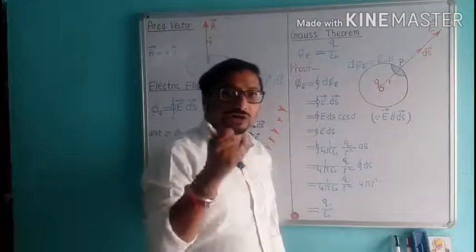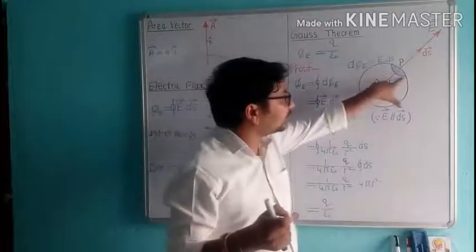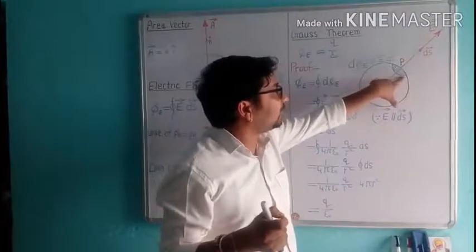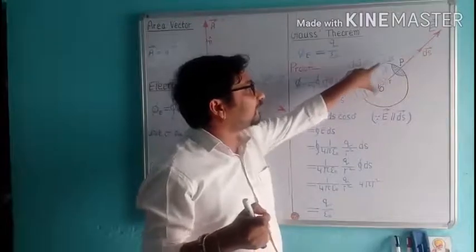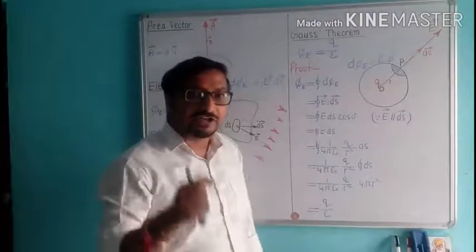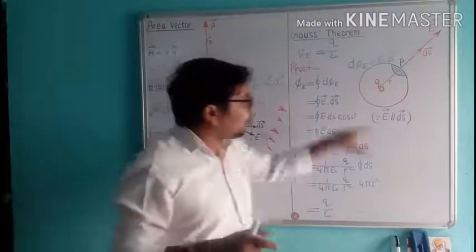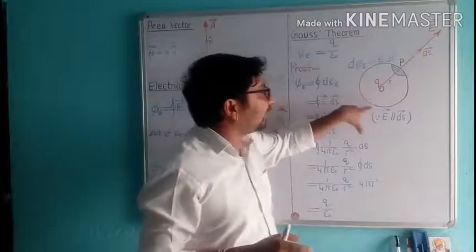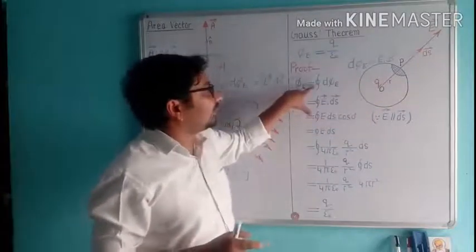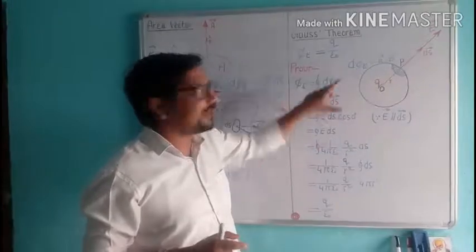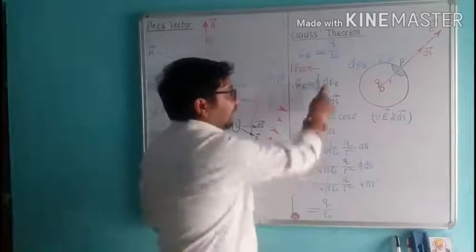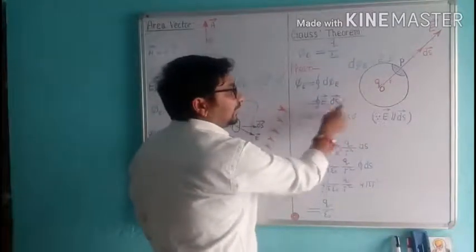The small electric flux passing through this small area element is d phi e equal to E dot ds. Then the total electric flux passing through the whole sphere will be the closed integration of d phi e, that is the closed integration of E dot ds.